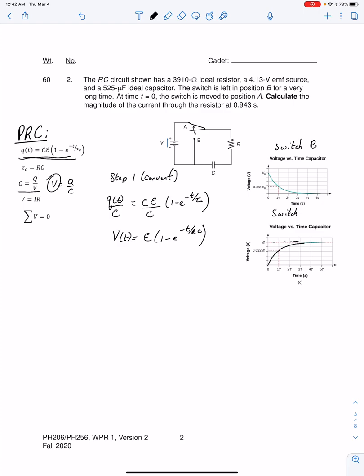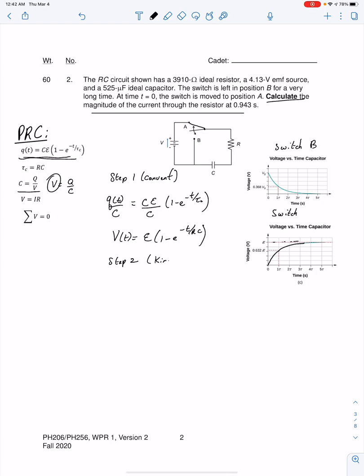The next thing, step two, is use Kirchhoff's rules to solve for current, because it is asking us to calculate the magnitude of the current over a specific time. In this situation, we use Kirchhoff.